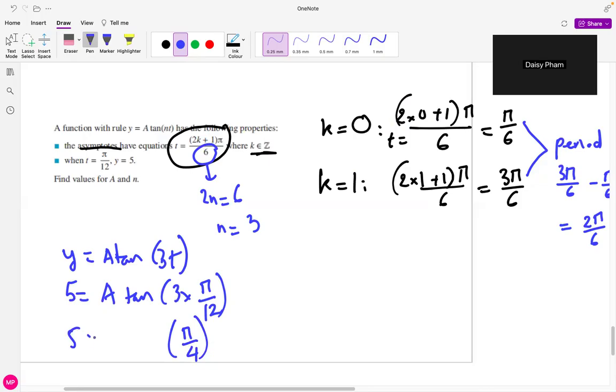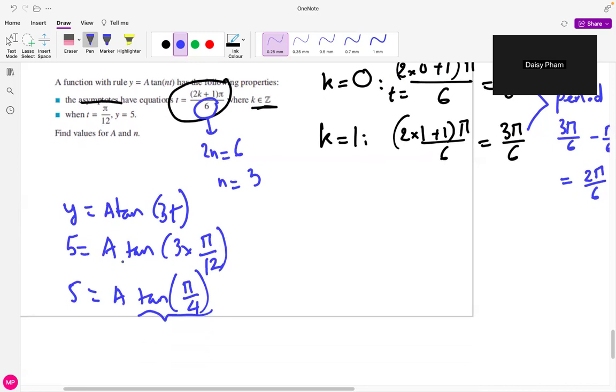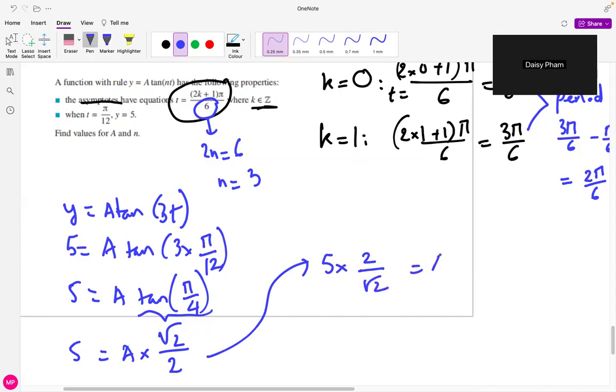So 5 equals a times tan pi over 4. Tan pi over 4 will give you root 2 over 2. So 5 equals a times root 2 over 2. And as you solve for a, you times 2 and divide by root 2. So you would have 5 times 2 over root 2 equal a. So you get 10 over root 2.